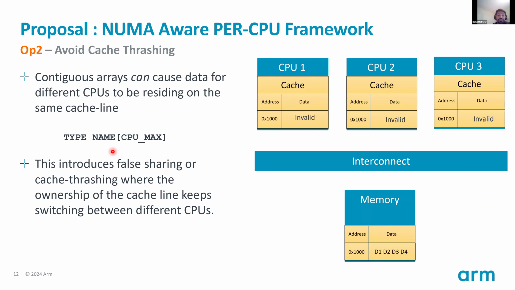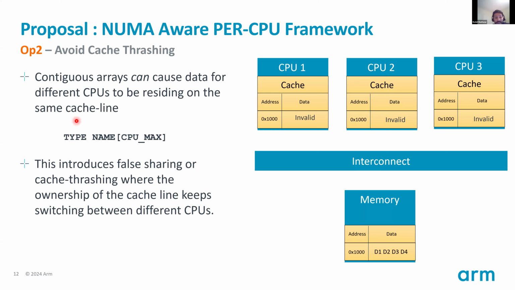The second optimization that I'd like to talk about is avoiding cache thrashing. So it's a very interesting phenomenon whereby currently we have all the per-CPU objects that we talked about, RMM context or SPMD context.